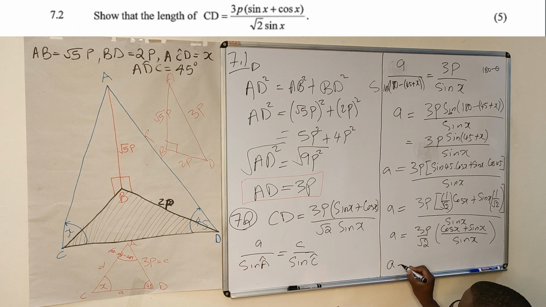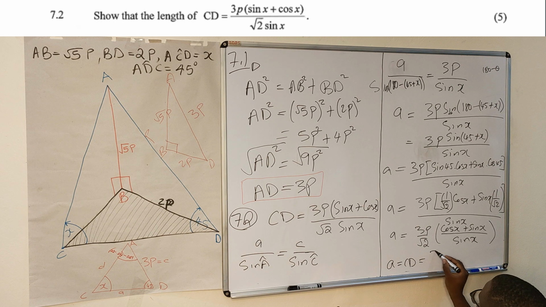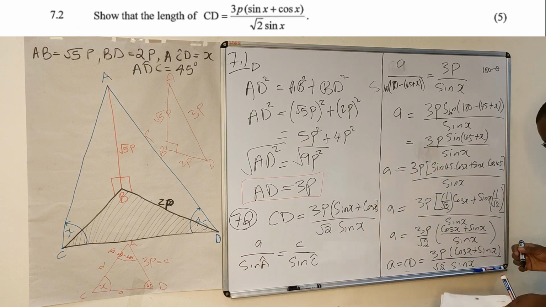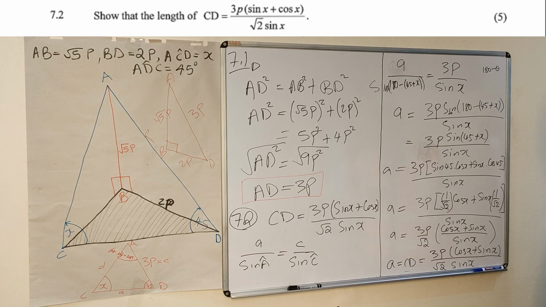So A, which is equal to CD, is equal to 3p times cos x plus sin x all over root 2 sin x. So you have this. Finished it. Done.